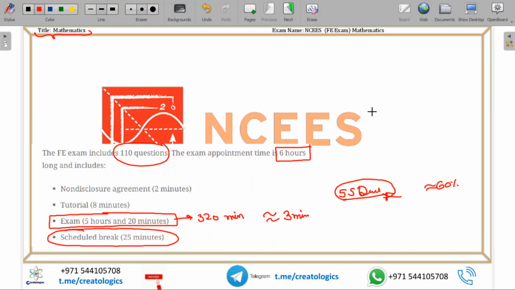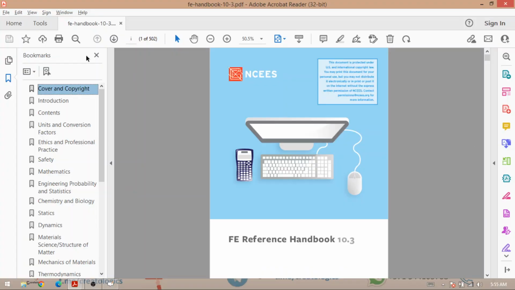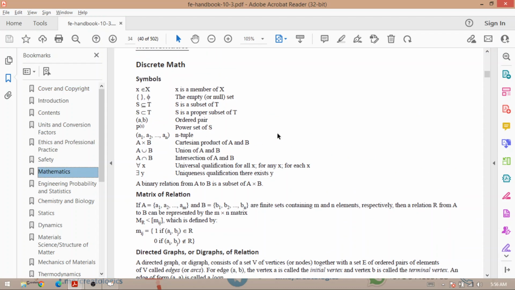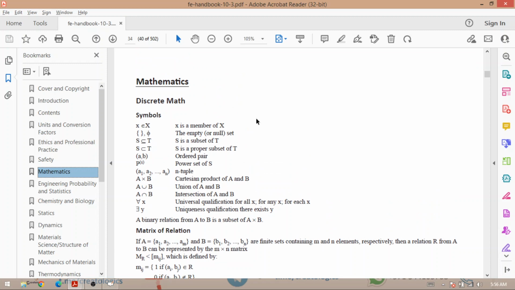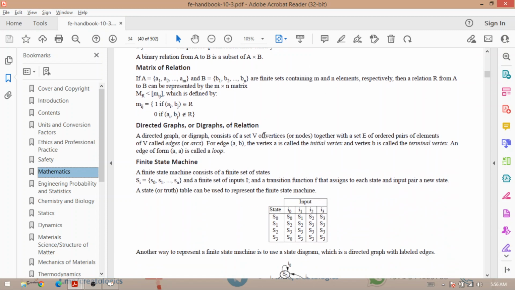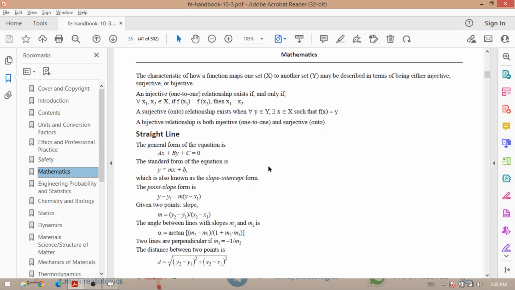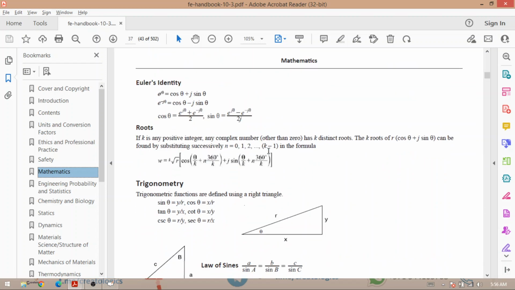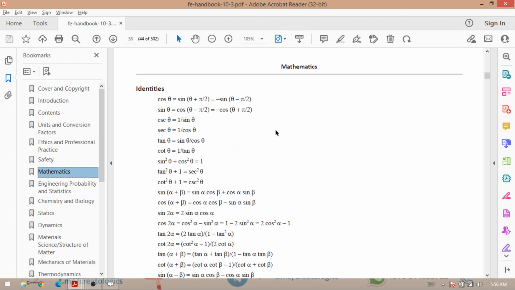As you can see here, this type of handbook will be provided during the exam, where all the formulas will be provided to you. For example, if you are solving any mathematical question, you can click on the mathematics part. Here you will find the formulas related to that, like discrete mathematics, relations, finite graphs, straight lines, as you can see, and trigonometry formulas.